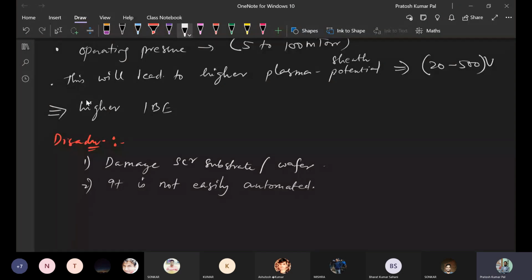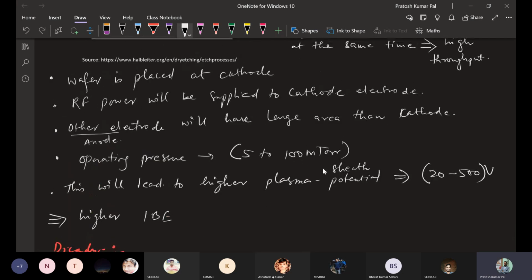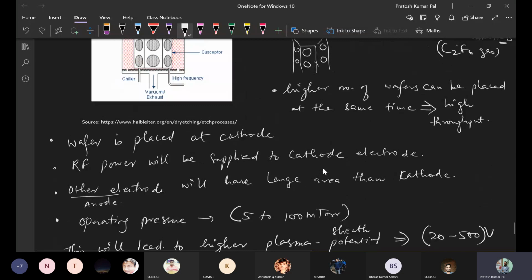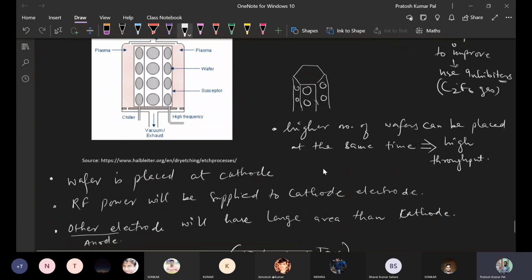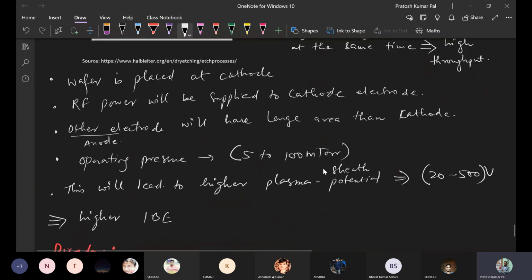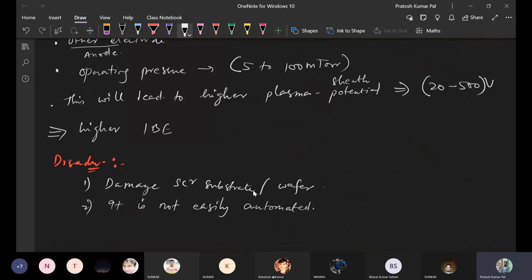That means if we want to repeat this process again and again, we cannot have one setup that keeps on processing by itself. We have to make sure of the bombardment energy, the pressure and all other parameters, and set them again and again. So it will not be able to automate easily. And as it has high bombardment energy, it will be able to damage the wafer. So these are the disadvantages of this method.